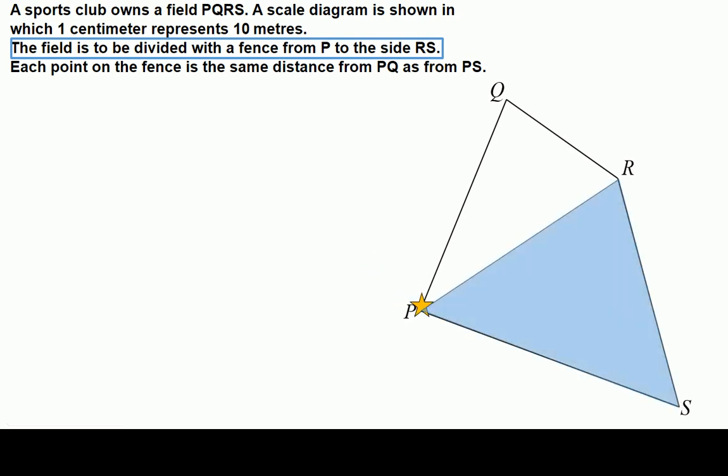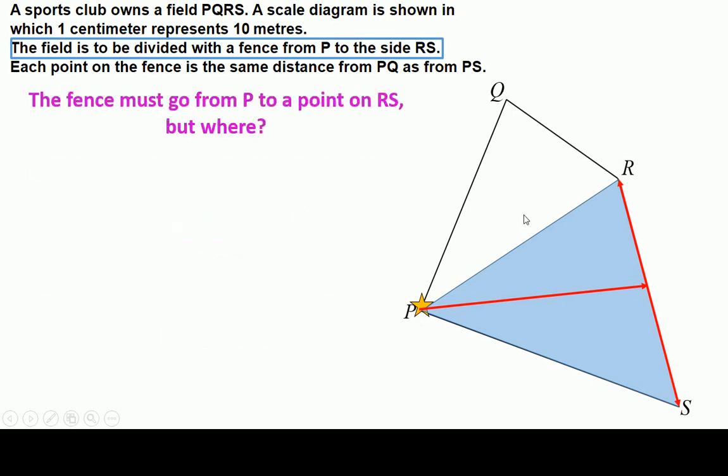That's the point P, and the fence will be represented by this straight line, and it needs to meet RS. So the fence will intersect this line at some point that we do not know as yet. What we know is that it will go from P to some point on this side RS. The fence must go from P to a point on RS, but where?